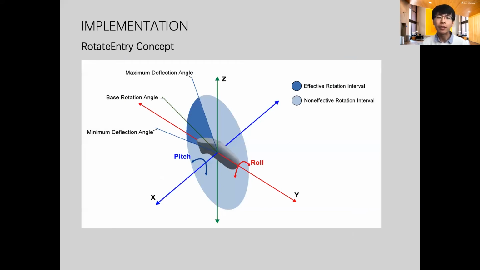The implementation of RotateEntry was to capture the controller's pitching input and rolling input. The movement of the cursor on the virtual keyboard was detected based on the offset between the controller's current effective rotational input and the base rotation angle determined by each interaction method.